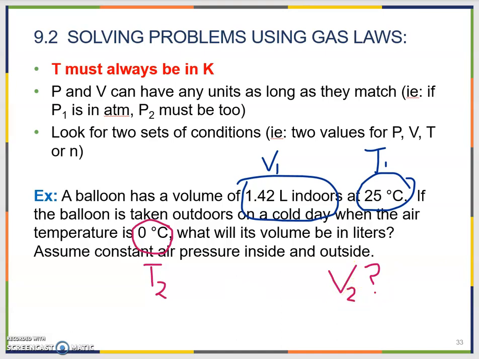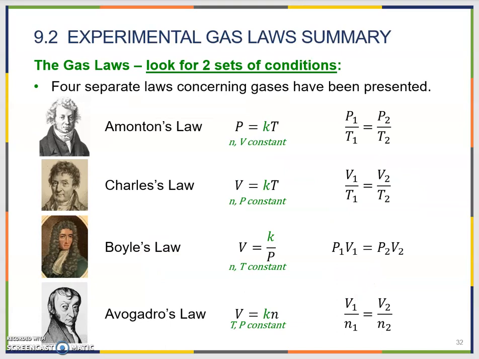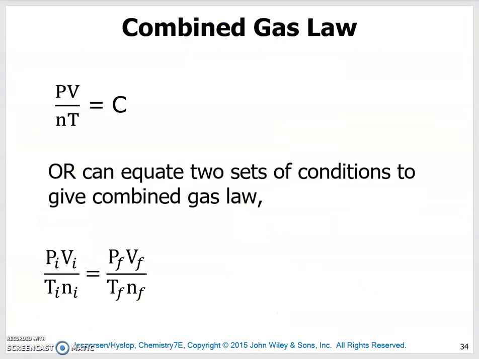So rather than memorizing all of these and picking out which one you need, it's usually best to just memorize the combined gas law. If we take all of the different variables that describe gases, they equal some constant C. We'll see later that this is actually R. Sometimes the combined gas law isn't reported with moles in the bottom.